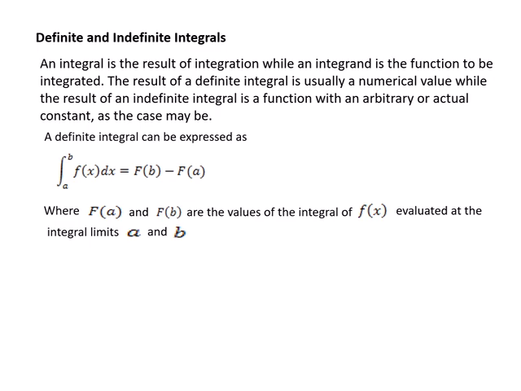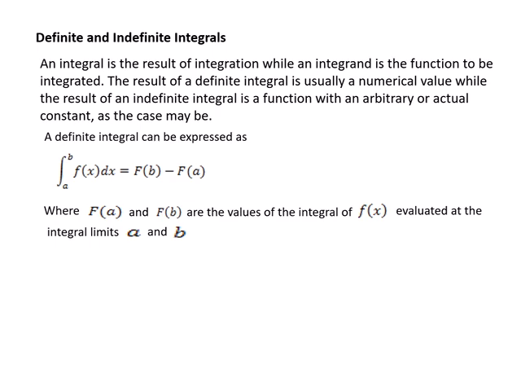As the case may be, let's now look into this expression where a definite integral can be expressed as integral from a to b of f of s dx is equal to f of b minus f of a. So the limits, that is from a to b. By the time we integrate it, we now have the limits substituted, and we have it as equal to f of b minus f of a.